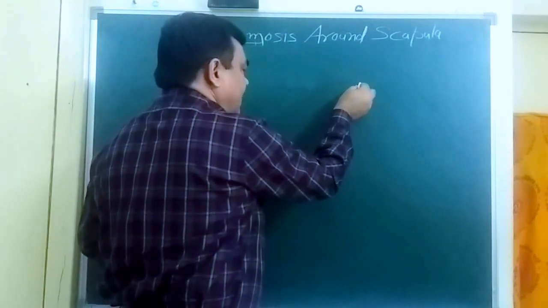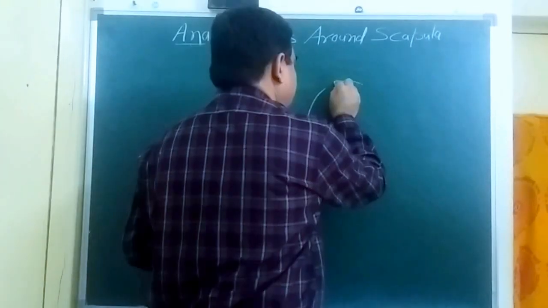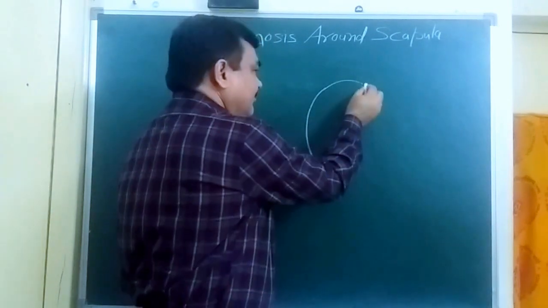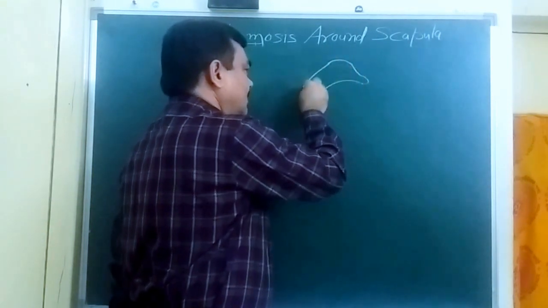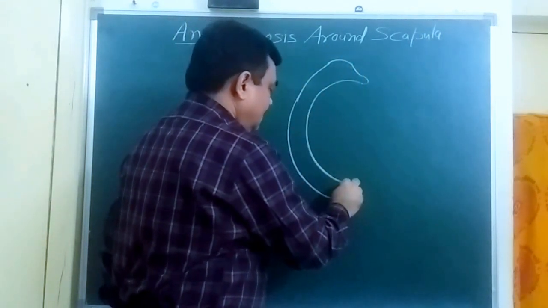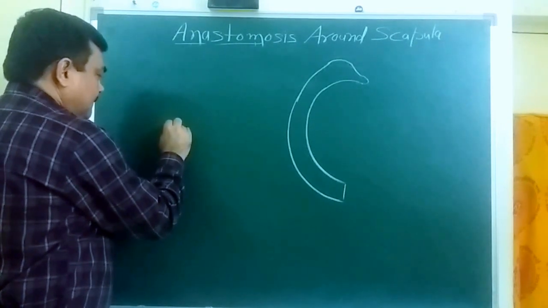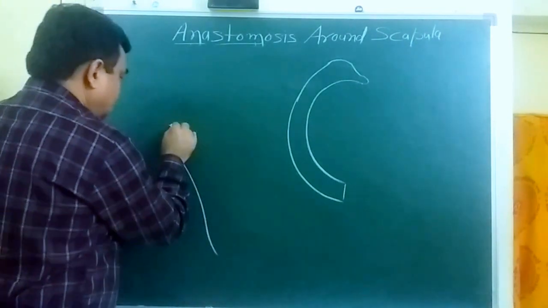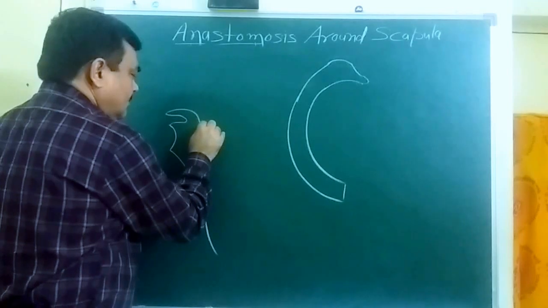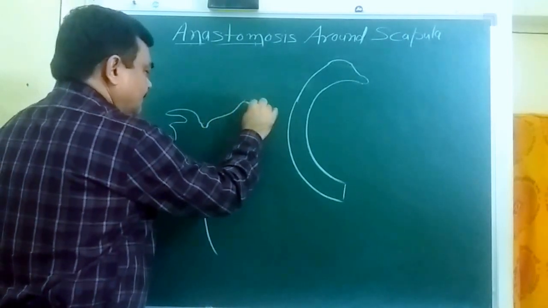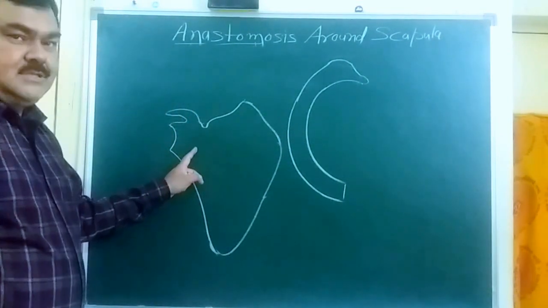First of all, we make a diagram. This is the outer border of the first rib. Here is the scapula.